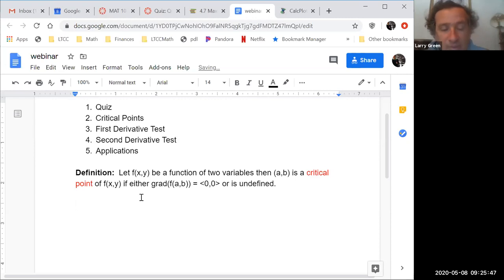Okay, now comes the theorem. And this is the same theorem you get in first quarter calculus, except now we have functions of 2 variables.